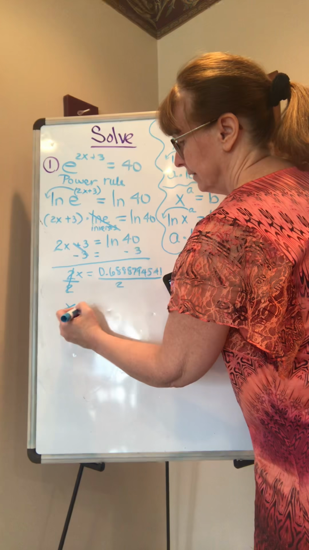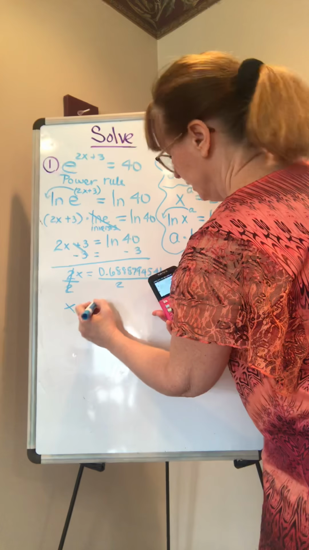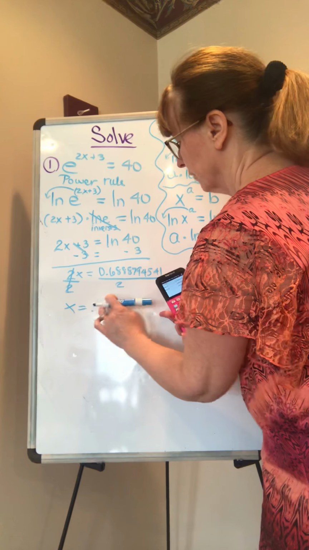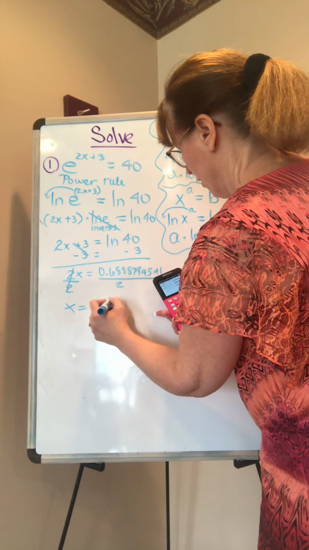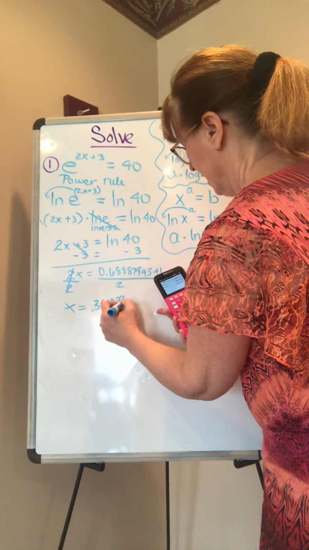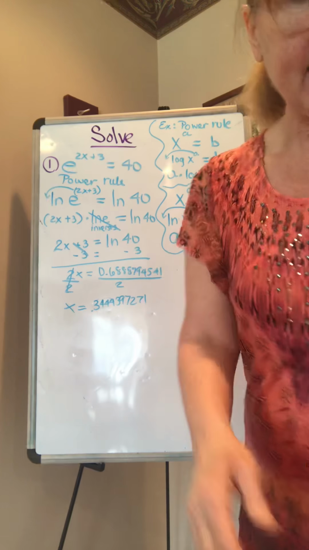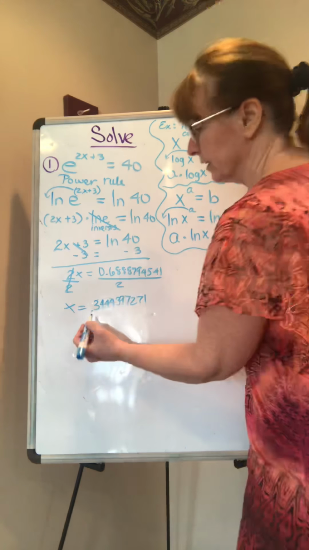And x is 0.33. Whoa, sorry about that. Wrote that wrong. Let's get rid of that. That would be 0.34443977271. And they then tell you on the directions, round to the nearest thousandth.